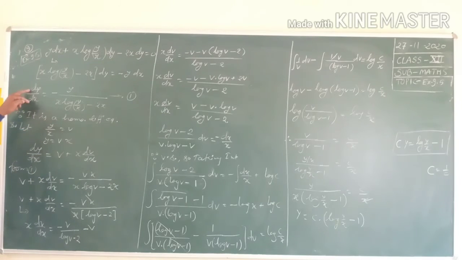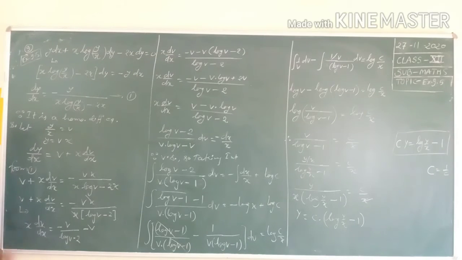In equation number 1, in place of dy/dx put v plus x dv/dx, and minus sign, y that is vx, and here x as it is, y/x that is v, and 2x also as it is. Now x is common and cancels out, only v/(log v minus 2) remains, and we transfer this to the right side and take the LCM.